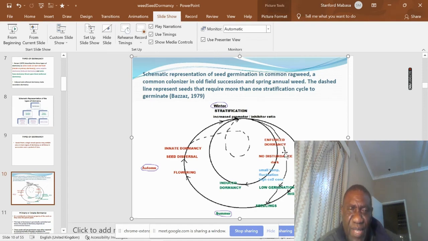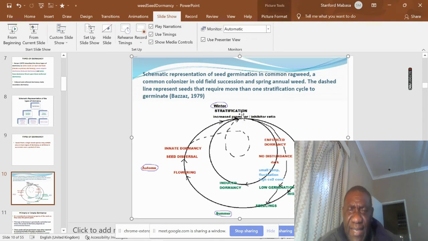So there could be low germination. And this is what we think should be happening in conservation agriculture. When we don't disturb the soil, we expect a low germination. Right? Let us look at the inner circle.